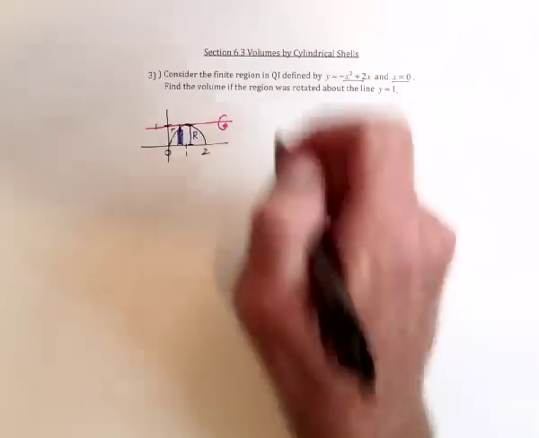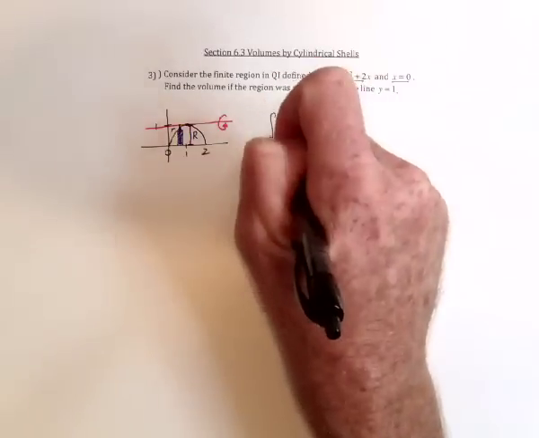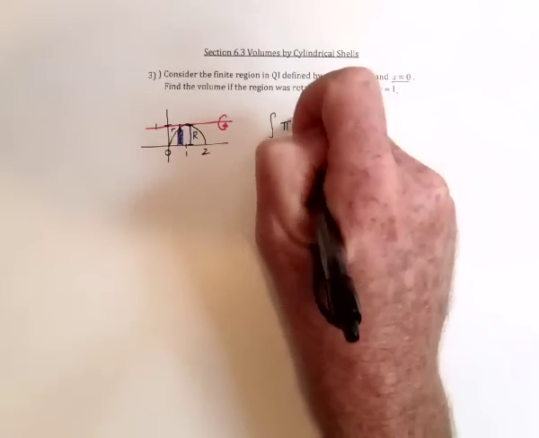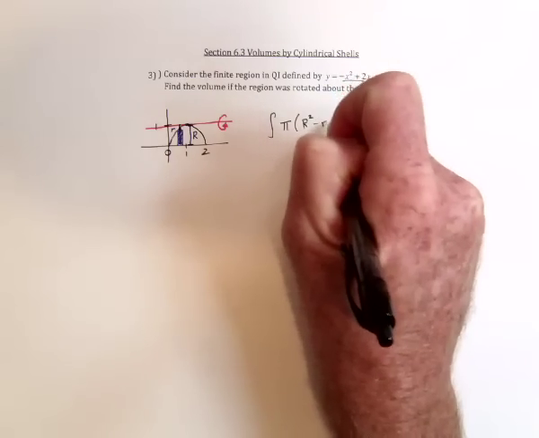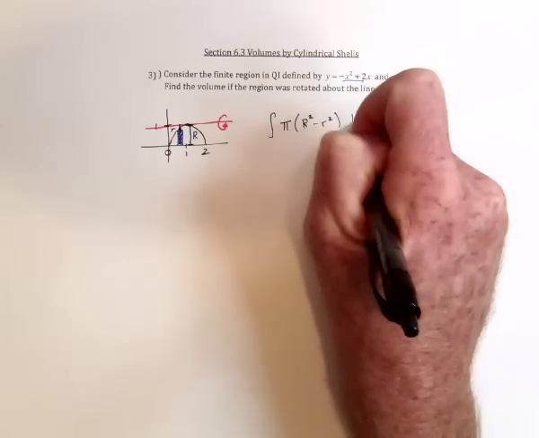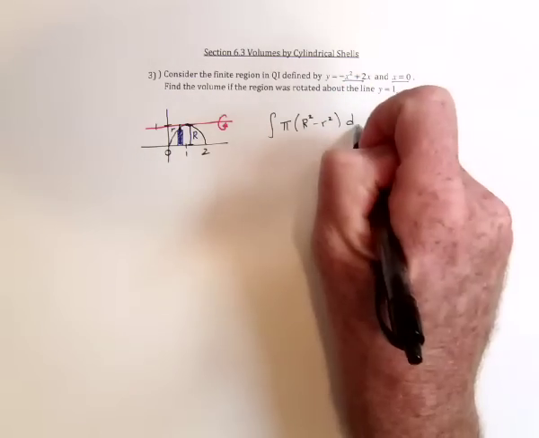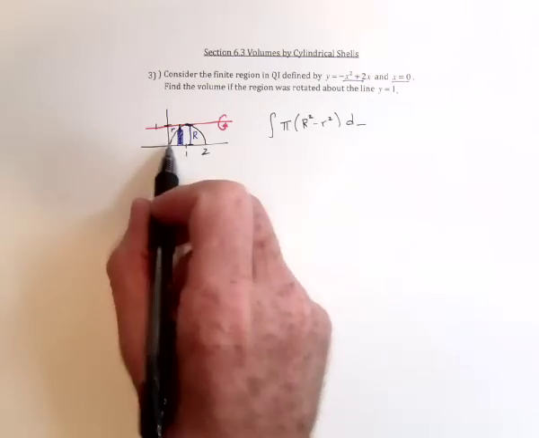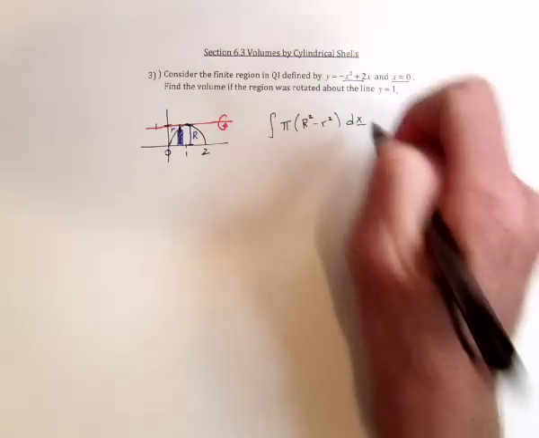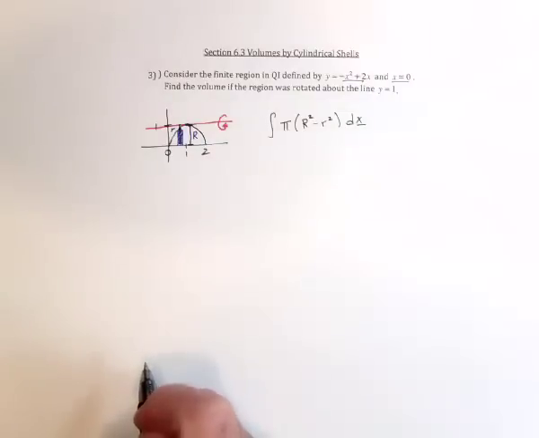And with the disk or washer method, the idea is you integrate pi times the big radius squared minus the little radius squared, d whatever variable you're going to be using. And in this case, the rectangle has to move back and forth between 0 and 2, so it's going to be dx.